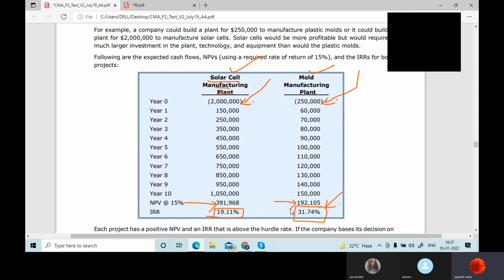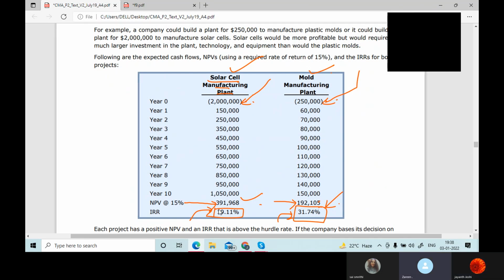What do you think? In terms of IRR, this project gives you a higher return but a lower NPV. In case of this particular project, the IRR is less but the NPV is high. Correct? Please tell me.